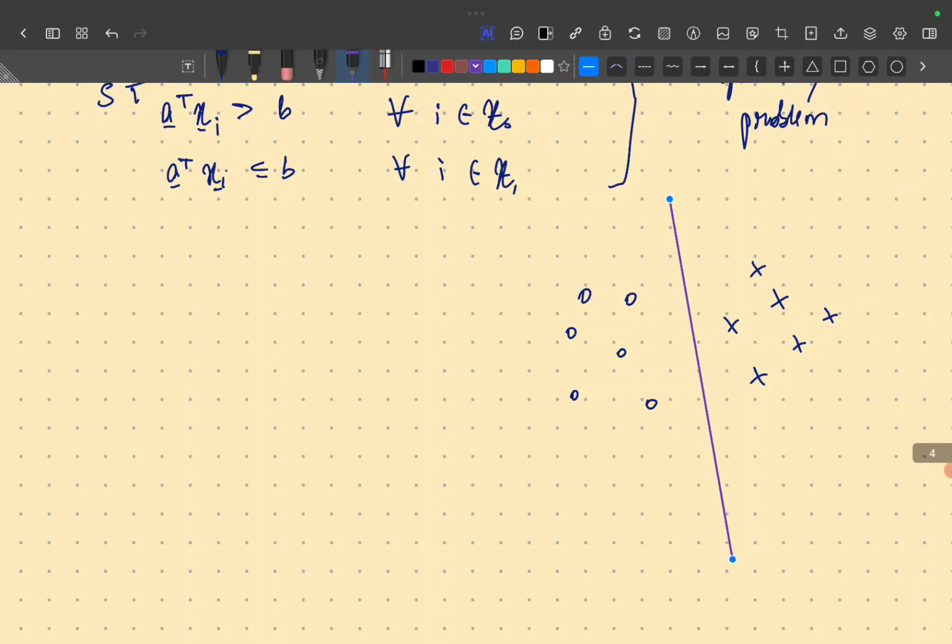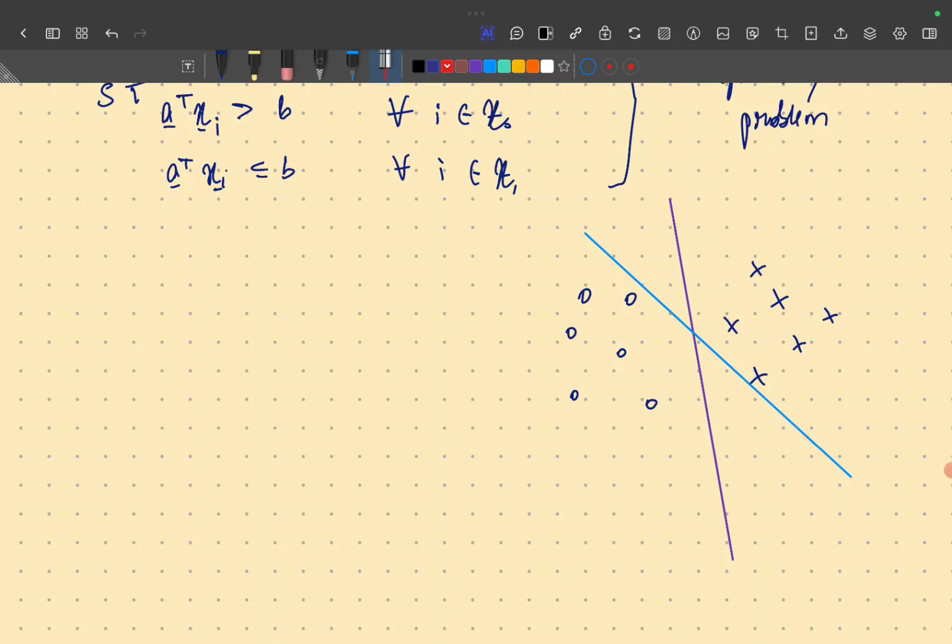This is one hyperplane that separates these two sets, and this is another hyperplane that separates the two sets. Which one would you prefer? The purple one is the one that you would prefer, right? It would be this one that you prefer over this one.